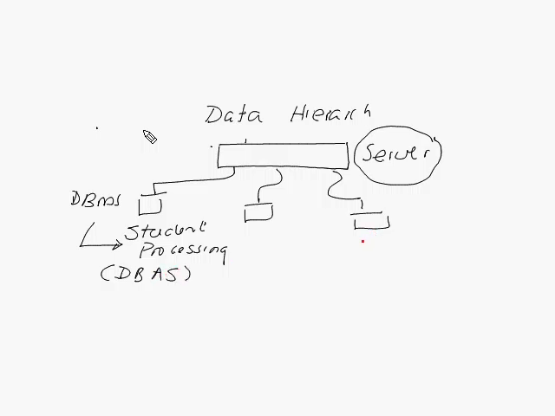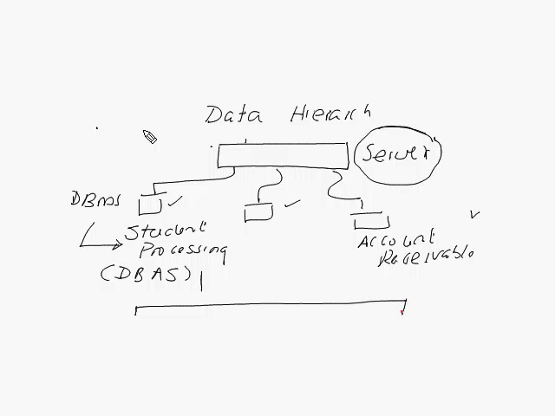We can also have, for example, an account receivable database application system. So likewise, in a database server, we can have multiple database application systems. Now, this particular database application system may consist of a couple of things. What are those?